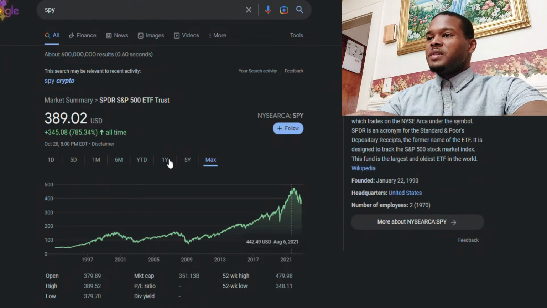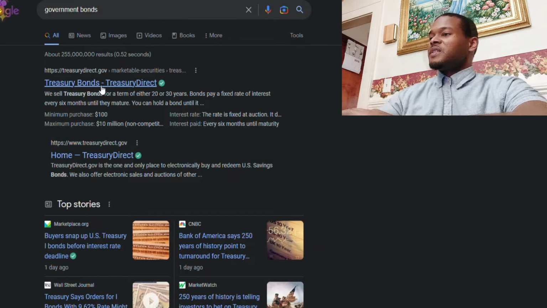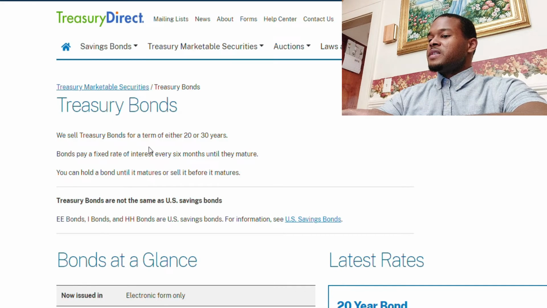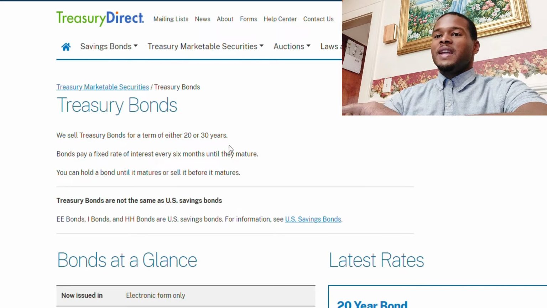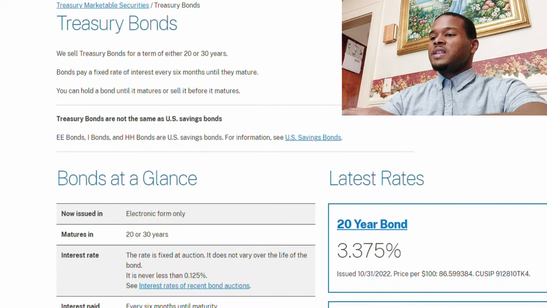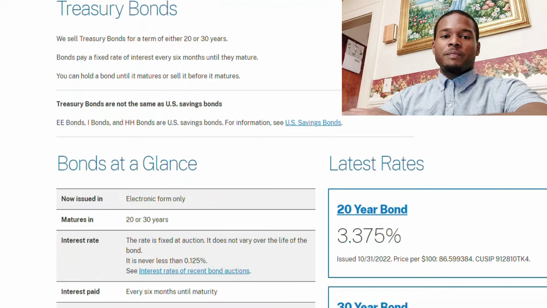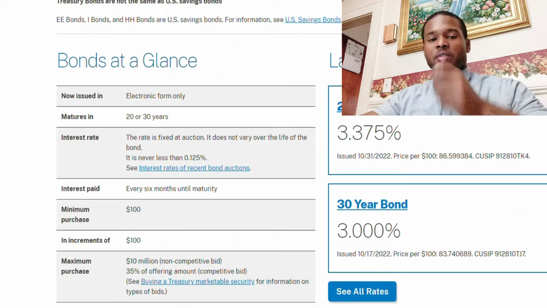So let me go right here. Hold on. Excuse me, guys. So they have 20 years, and look at this. See the latest rates. The rates always update. They have 2-year, 10-year, 20-year or 30-year bonds, and you get a fixed rate for each bond. It's like going to an auction.